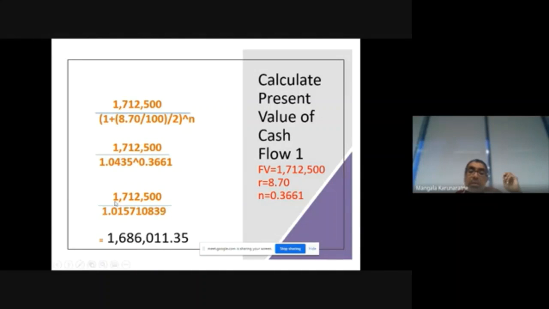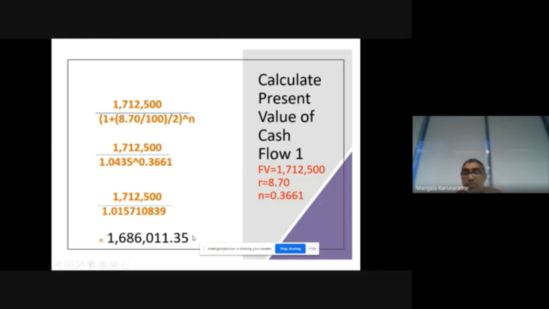So you divide 1,712,500 by this figure, 1,015,710,839, and you get 1,686,011.35. Now this is the present value of this cash flow.